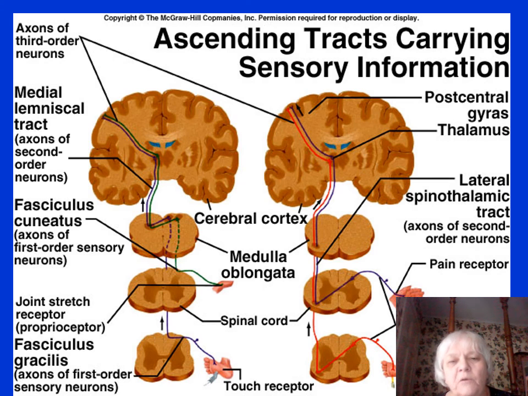The message is going up through the spinal cord, and it is going to cross over in the medulla, and then it's going up to the postcentral gyrus, which is the primary sensory area, and that's where the information is interpreted. Okay, so you have these different types of tracts coming in that are sensory, that are bringing information to the brain. These are ascending tracts.